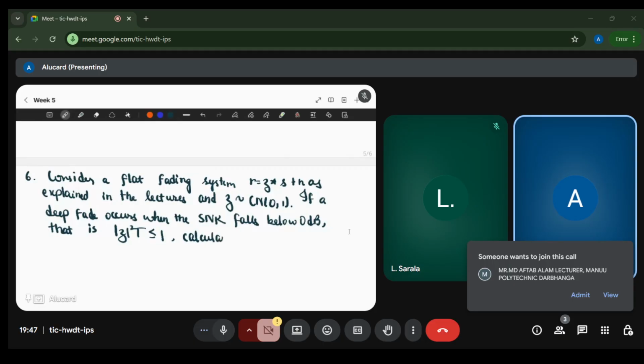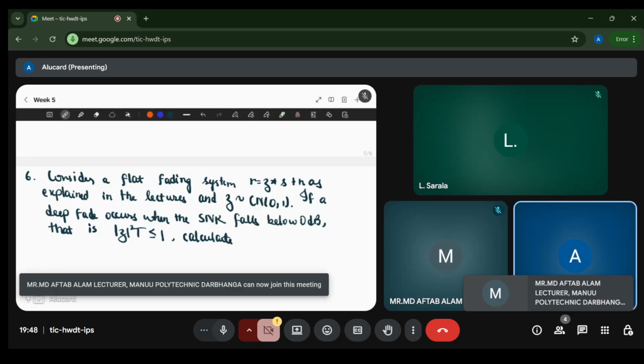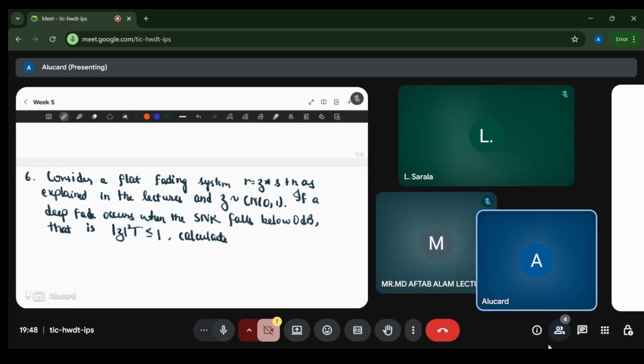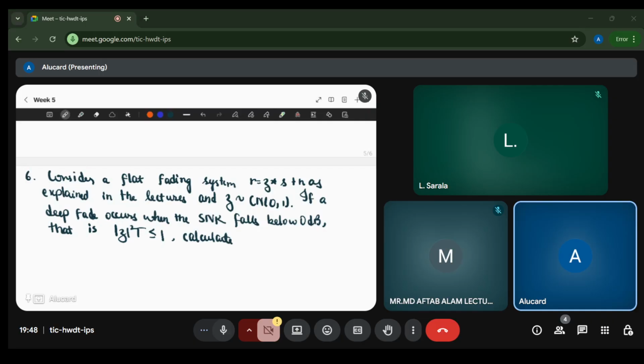Calculate the approximate probability of a deep fade at high gamma.